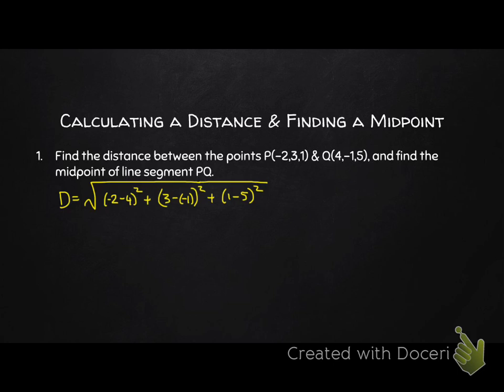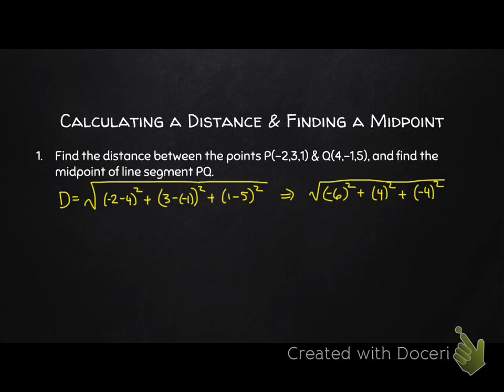Okay, and then we just simplify it. So we have -2 minus 4, well, that gives me -6, and that's squared, plus 3 minus -1 is 4, so 4 squared, plus 1 minus 5 would give me -4 squared, and that's still all underneath the square root.